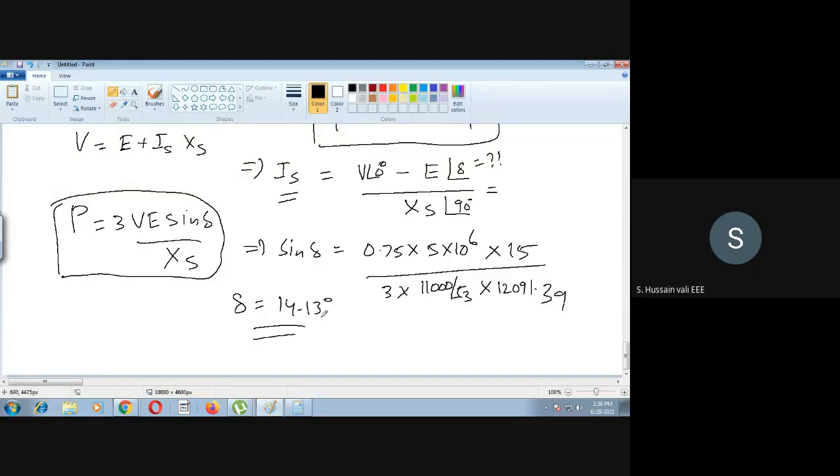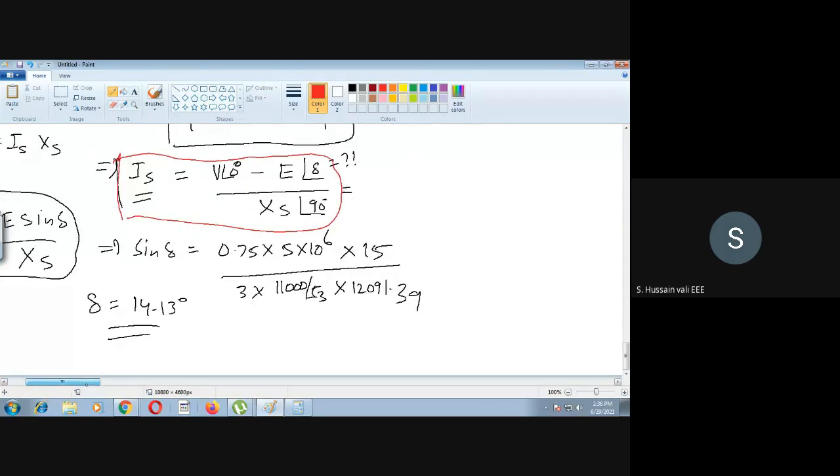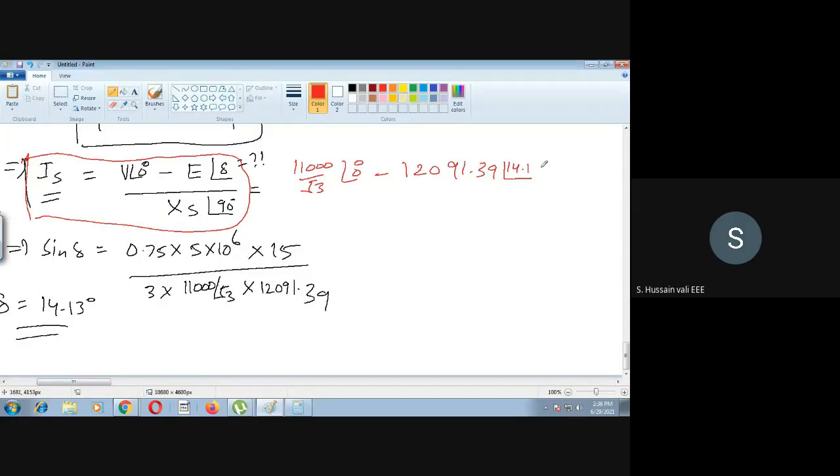Why we need the value of delta is that we want the stator current in this equation. So you substitute here: 11,000 by root 3 at an angle 0 minus 12,091.39 at an angle 14.13, whole divided by XS, which is 15 at an angle 90.